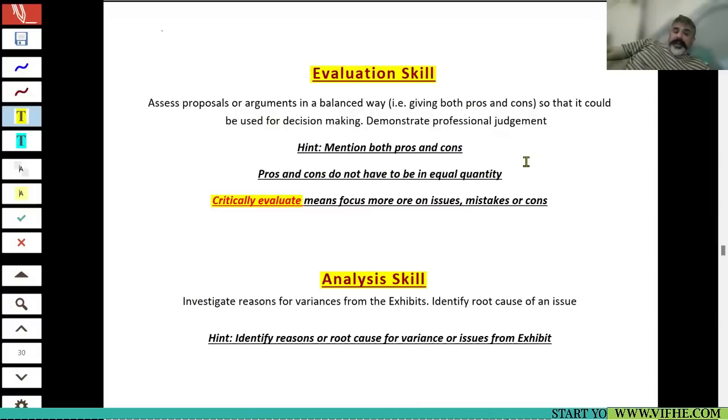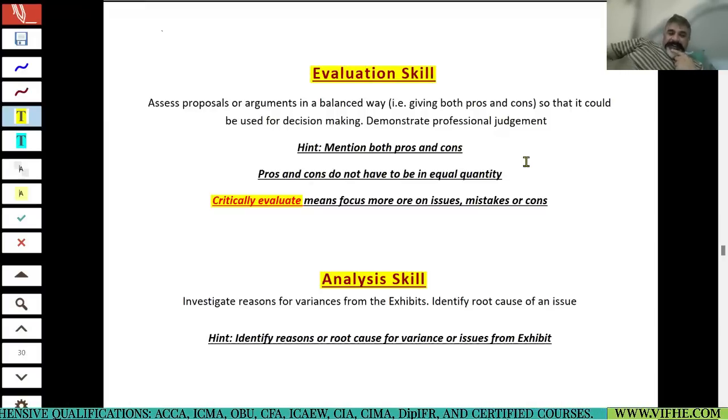Of course, the management will be really concerned. So we will have to identify the reasons why customer satisfaction is going down. From where can we find the reasons? Yeah, information will be there in the exhibit. You will need to search for it, pick it up, and explain in your answer that these are the reasons.